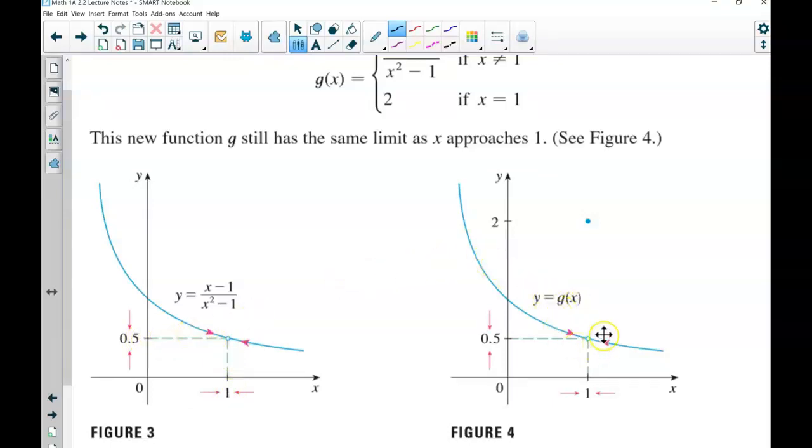Now if we look at the second piece, you can see that we have this ordered pair that represents (1, 2), and that's from the second piece of that function. So still, as x approaches 1 from the right and from the left, we see that the limit is still 0.5.